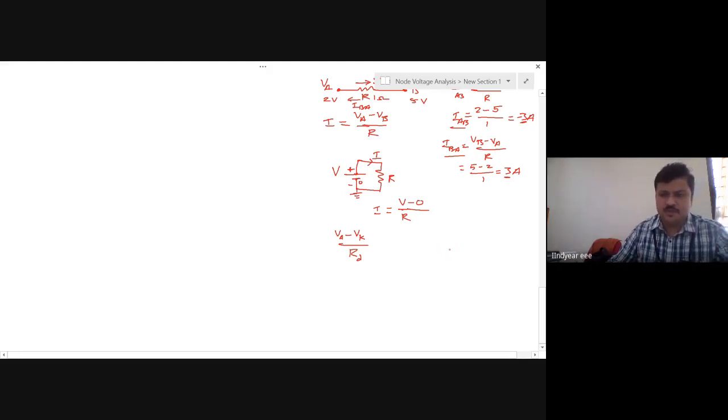Now what I will do, I will take a diode here, and I will apply 1 volt. Now whether the diode is forward biased or reverse biased? Forward bias. Yes, it is a silicon diode.